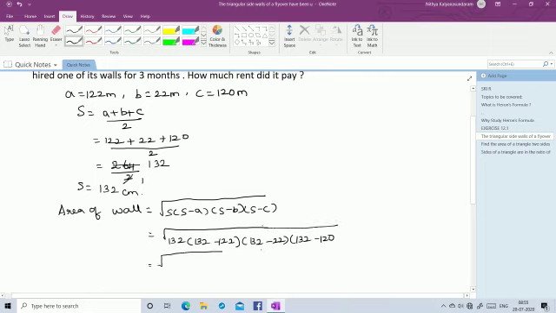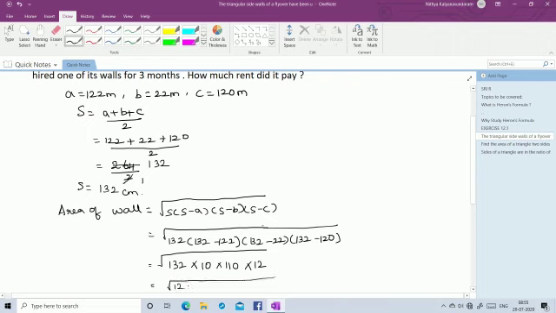So square root of 132 multiply 132 minus 122 is 10. Then 132 minus 22 is 110. Then multiply 132 minus 120 is 12. If it is possible to split the numbers, you can split.